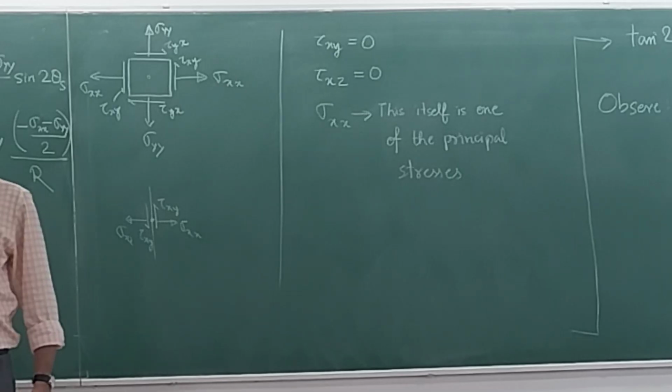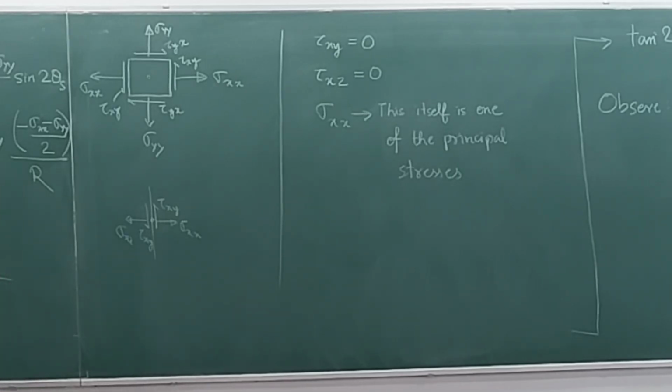Because if you look back at the fundamental definition of the principal stress, what was the definition? The principal plane is such a plane on which the traction vector itself is oriented along the unit outward normal. Traction vector oriented along the unit outward normal means that there is no shearing component of the traction vector.